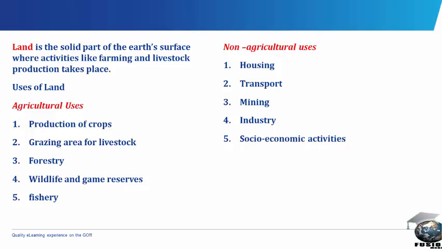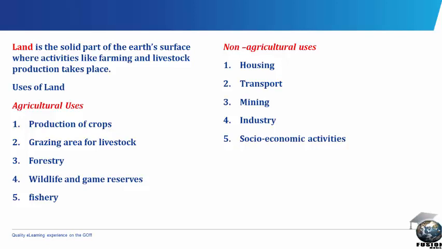Poaching or the indiscriminate killing of animals in a game reserve should be prohibited. Some examples of game reserves in Nigeria include the Yankari Game Reserve in Bauchi State, the Borgu Game Reserve in Kwara State, the Kainji National Park and some others.